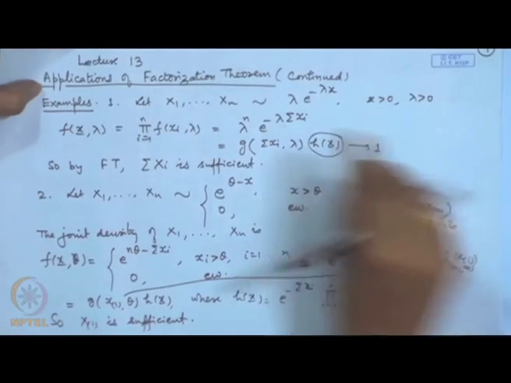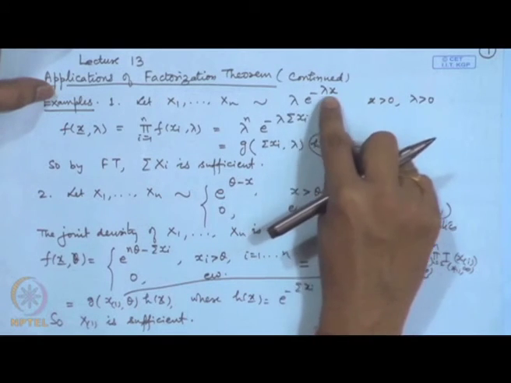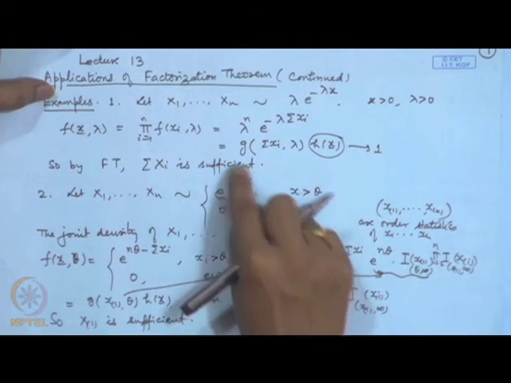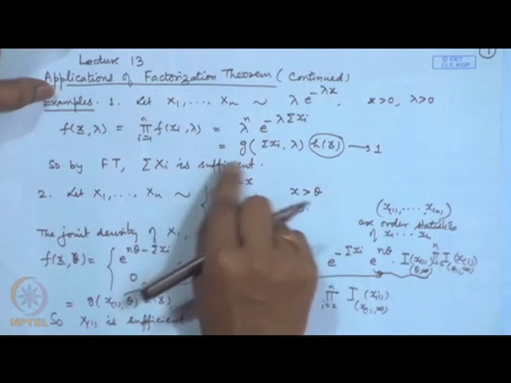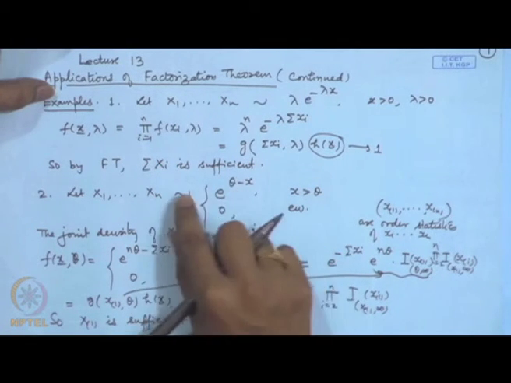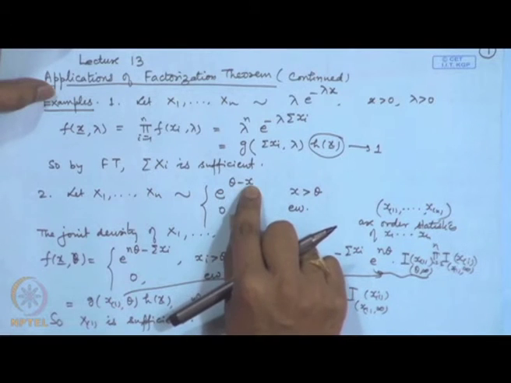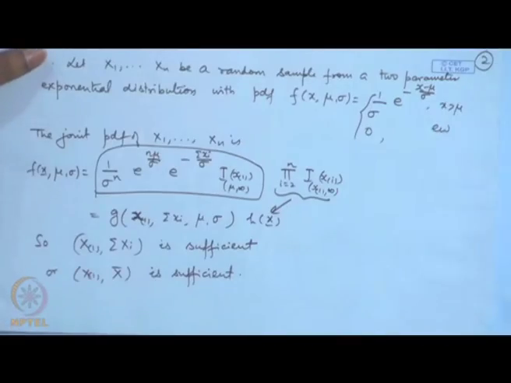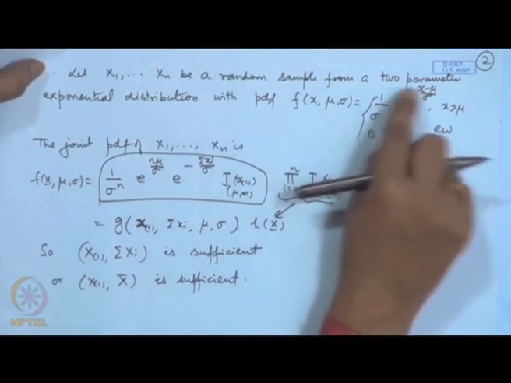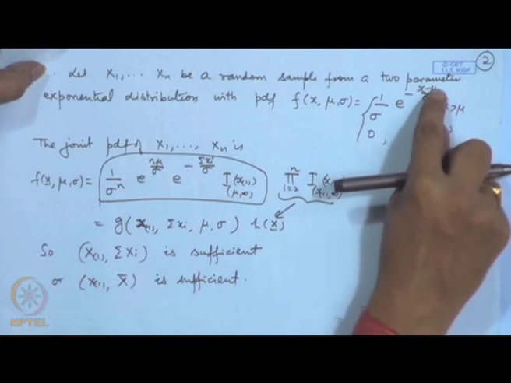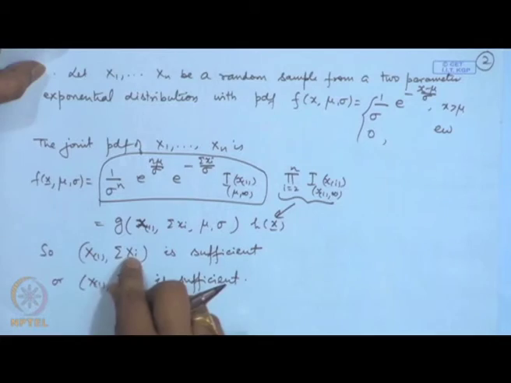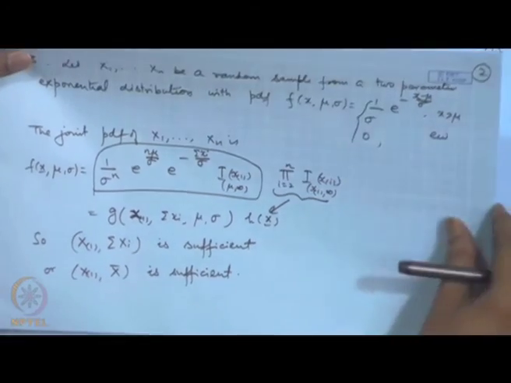Let us consider say exponential distribution with parameter lambda. Here if I write down the ratio, we will get sigma xi as the minimal sufficient. If we consider exponential distribution with location parameter, then x 1 will be turning out to be minimal sufficient. If we consider say 2 parameter exponential distribution with parameters mu and sigma here, then x 1 and x bar or x 1 and sigma xi will be minimal sufficient.